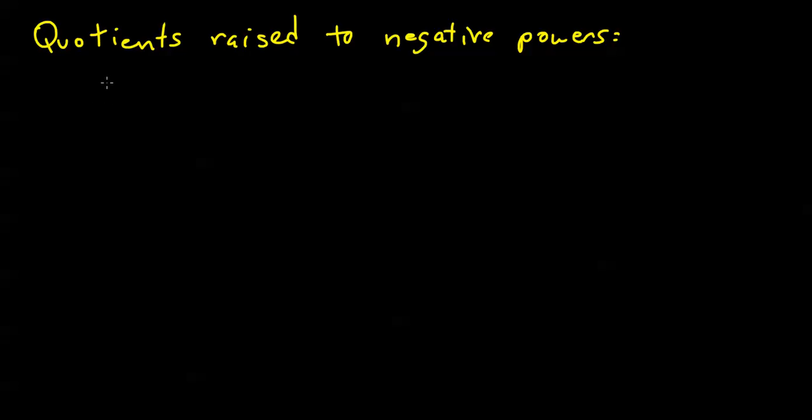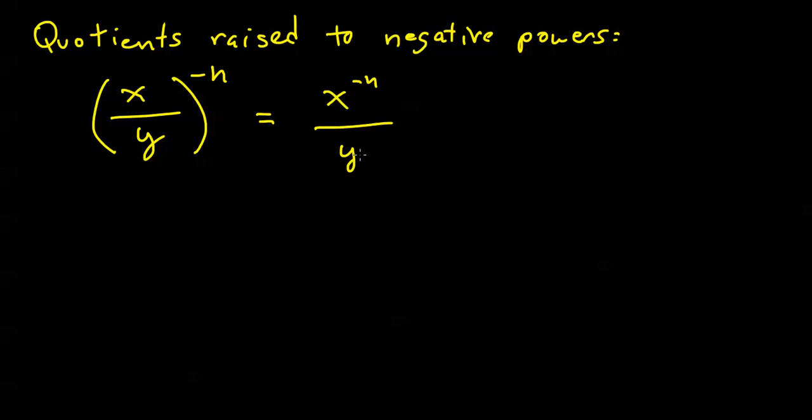Well, let me give you the rule first and then we'll work some examples out. If I've got a quotient raised to a negative power, well, what I can do is distribute that negative exponent over both factors of that quotient.